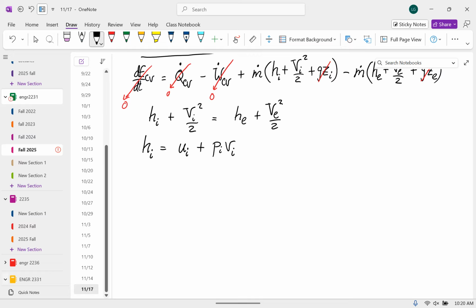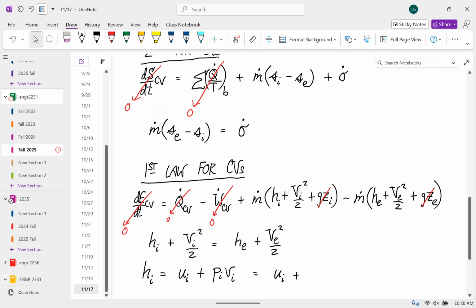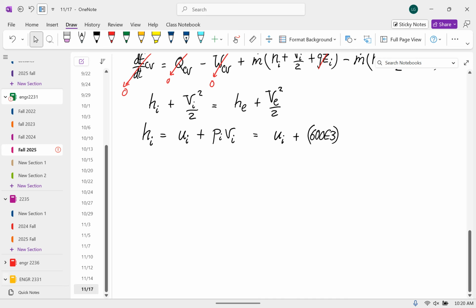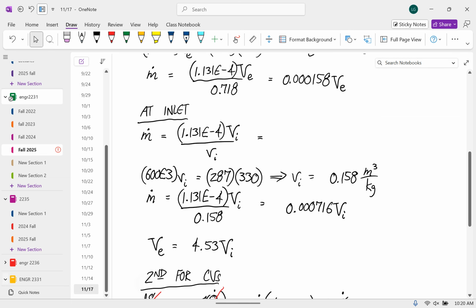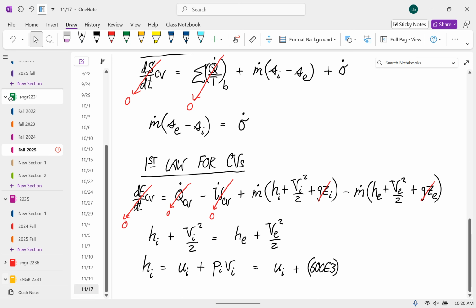So this is Ui plus, at the inlet, our pressure is 600 times 10 to the third, and our specific volume, we just calculated, 0.158.